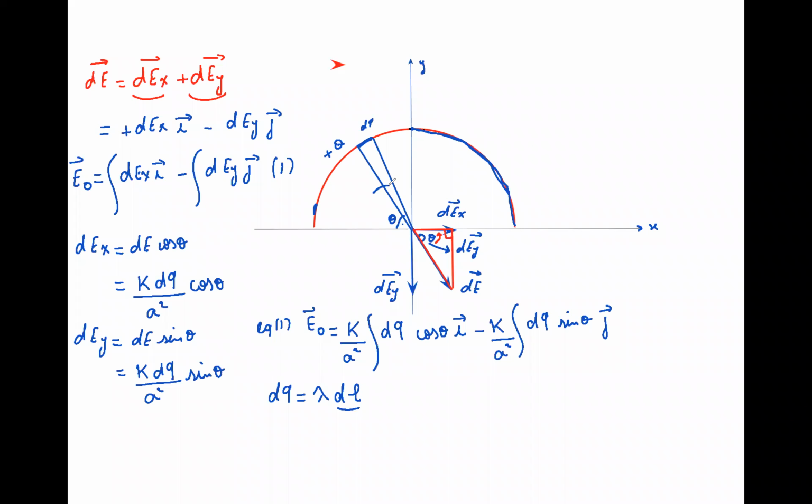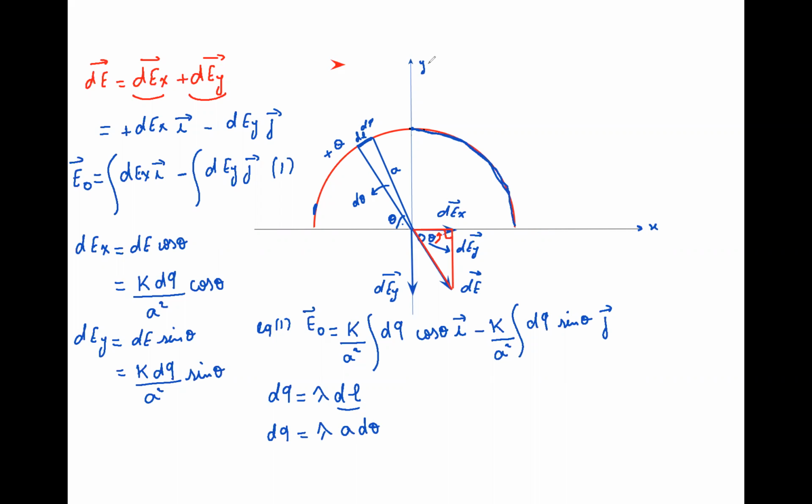Here we have an angle equal d theta with a radius a, and here we have dl. dl equal a d theta. So dq equal lambda dl equal lambda a d theta.